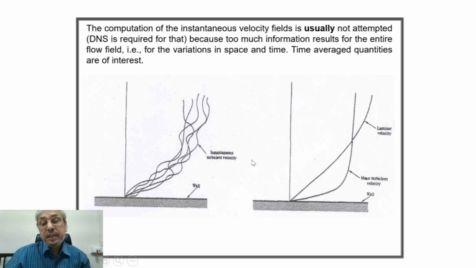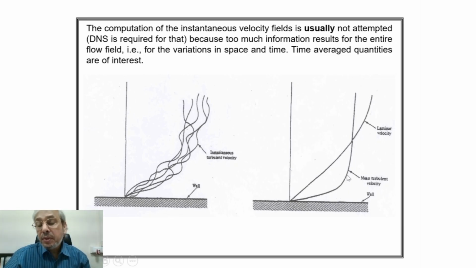Usually, as again let me repeat, for engineering calculation, like we know for laminar flow, this is the variation. Similarly, for turbulent flow, some log law variation we know. So if we apply DNS, we will get all instantaneous profiles. From there we have to get the time average profile.